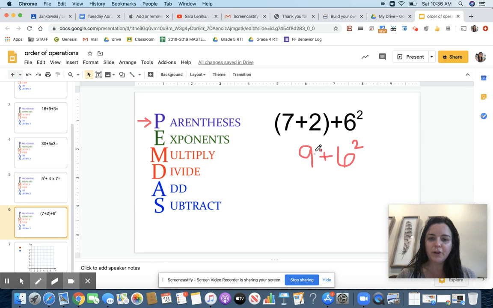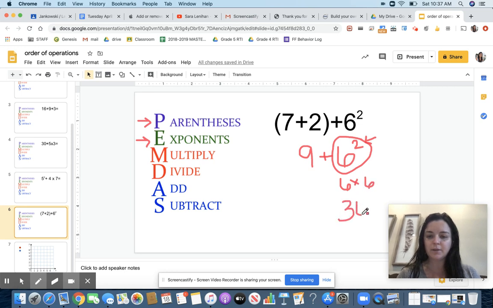Now, what should I do first? Should I add 9 and 6? Or should I do my exponent first? Well, let's look over here. It says to do exponents before I do multiply, divide, add, or subtract. So I have to find this exponent before I can add to the 9. So 6 to the second power, you might want to write it down, is 6 times 6, which is 36.